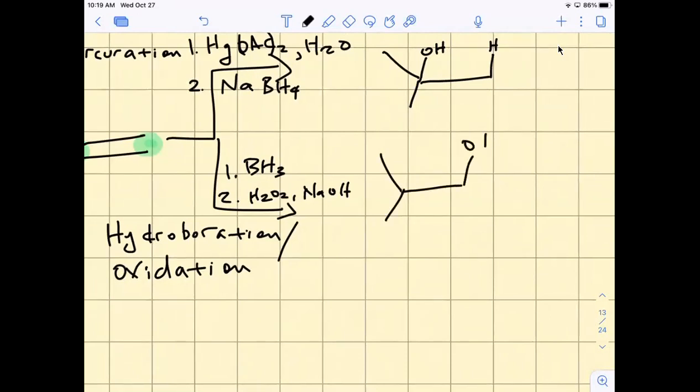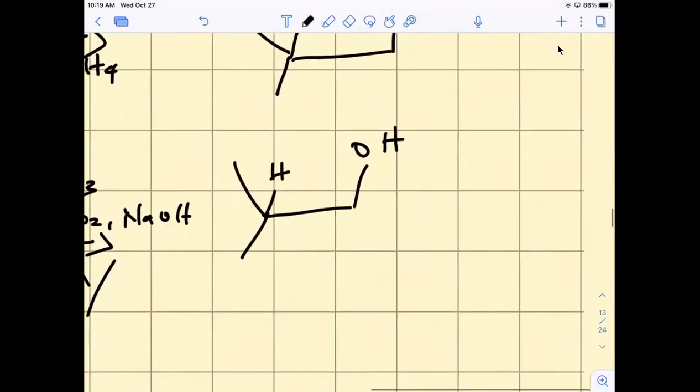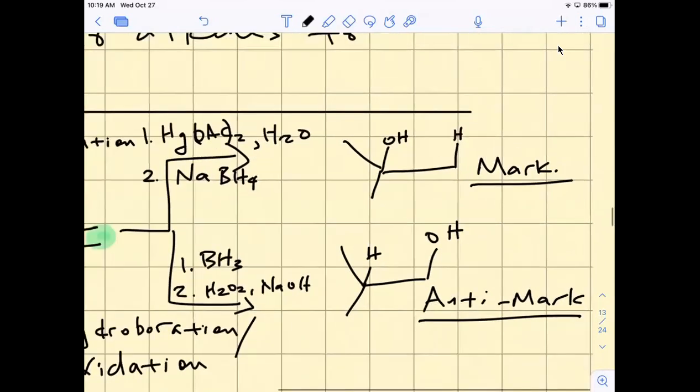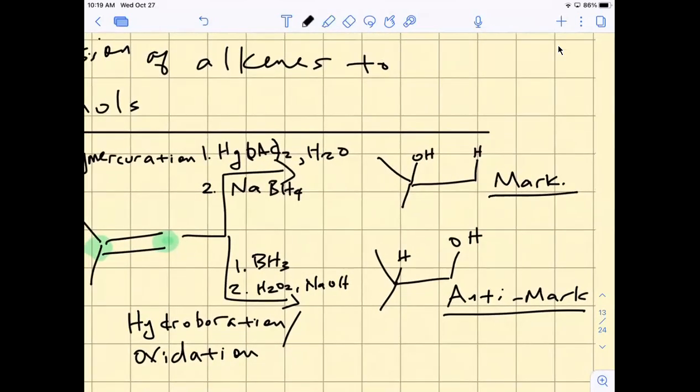In this case, your OH ends up here. All right, so this is anti-Markovnikov. And this is Markovnikov. All right, so it's really important to recognize the reagents. So when you see the mercury right here in mercury acetate, that's a dead giveaway that the reaction is oxymercuration. When you see boron, that's a giveaway that the reaction is hydroboration.